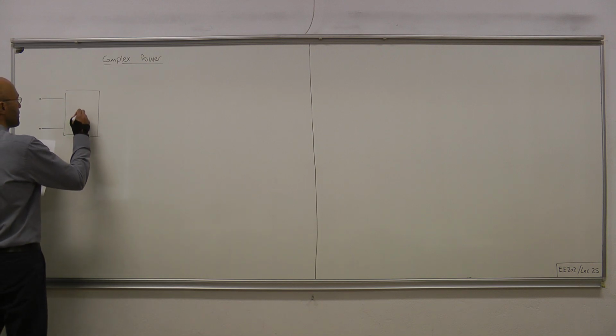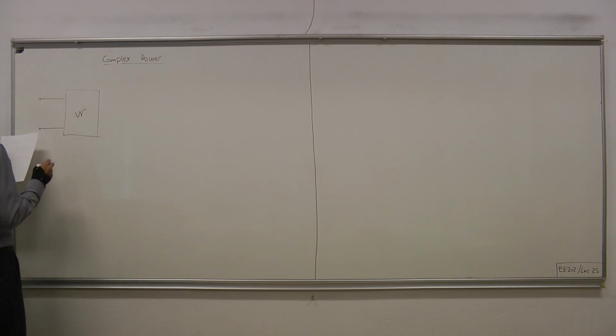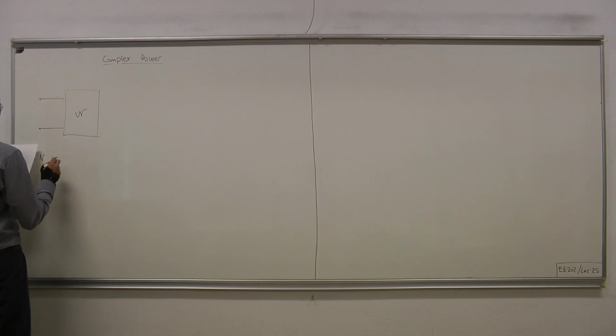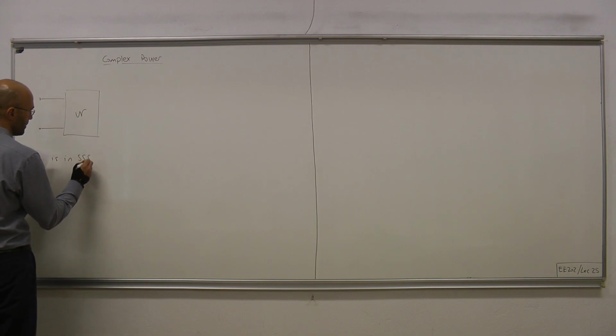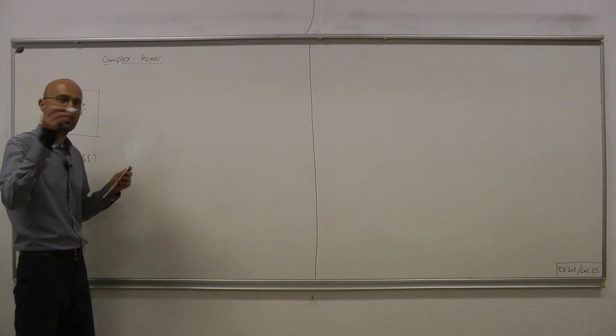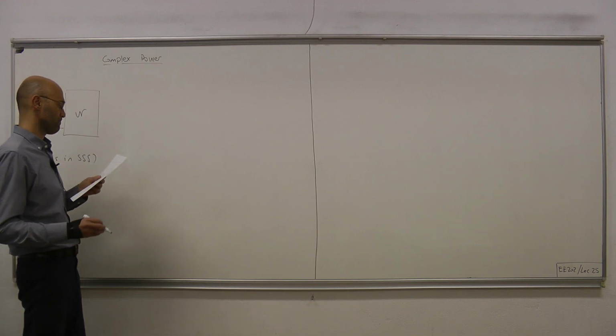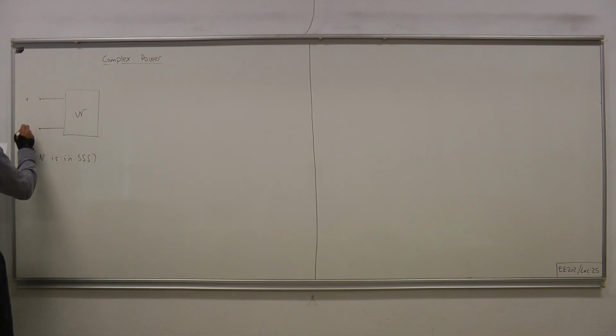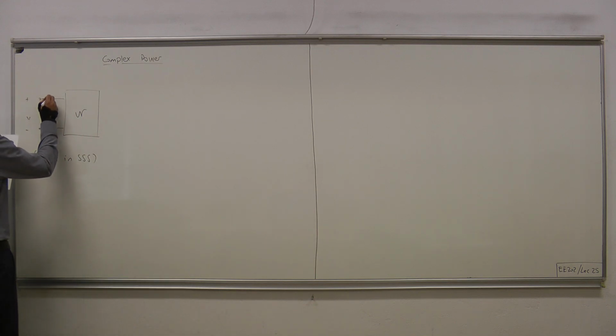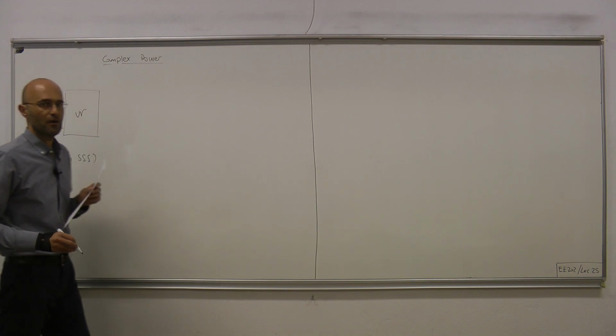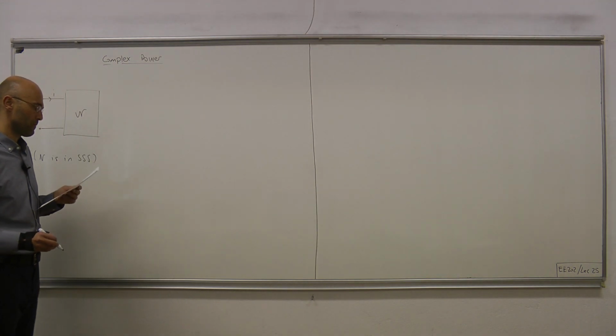All the currents and voltages are oscillating at the same frequency, omega. V indicates the voltage, and I indicates the current of our one port.